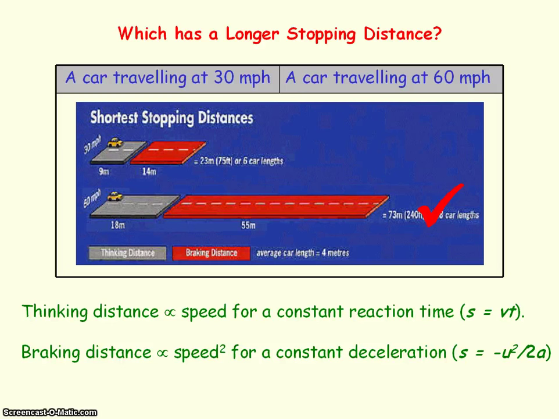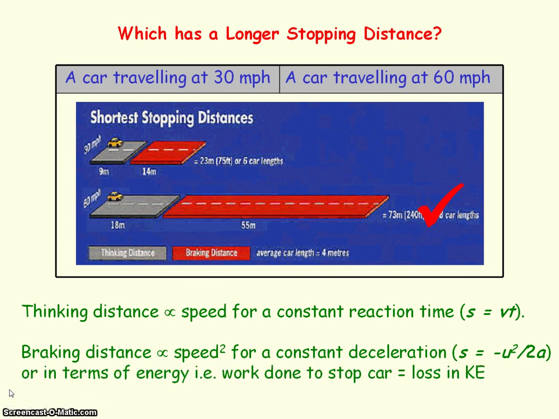So if you rearrange that equation to make s the subject, you get s is equal to minus u squared divided by 2a. So s is the braking distance, u is the initial speed of the car, and the minus a represents the deceleration of the car. And if a is constant, then s is proportional to u squared.